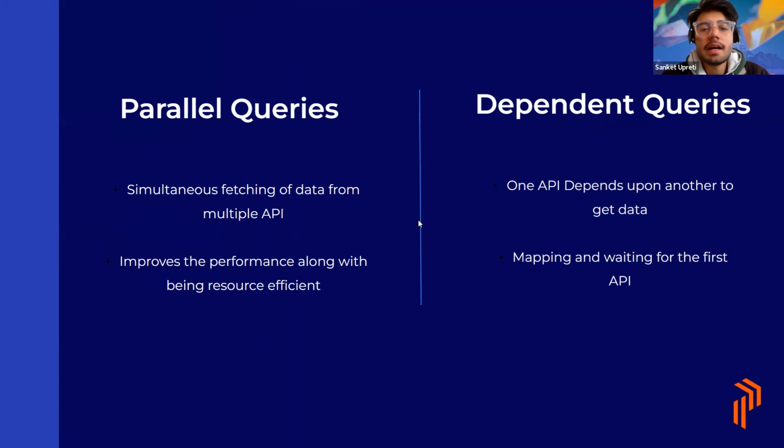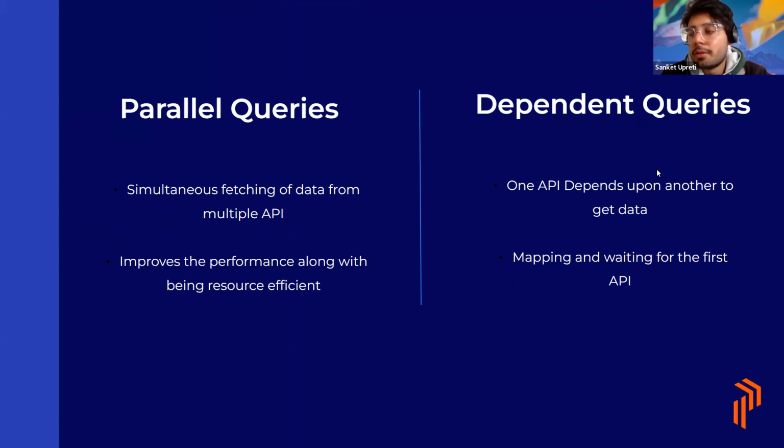Parallel queries are just what I said: when we have one or more APIs to be fetched, they can go side by side, so that when we fetch our data, they are shown together and not one after another. It also improves performance along with being resource efficient, as the latency is actually managed through it.